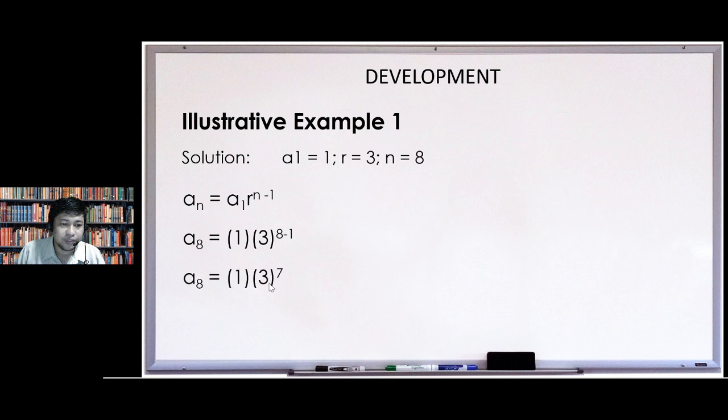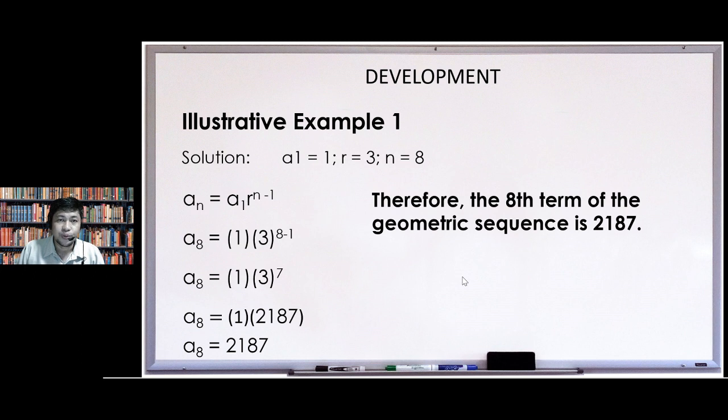So we have a sub 8 is equal to 1 multiplied by 3 raised to 7. We first get 3 raised to 7. It's not 1 times 3. So we start first with the exponent. What is 3 raised to 7? Very good. That is 2,187. Multiplying that, a sub 8 is equal to 2,187. So therefore, the 8th term of the geometric sequence is 2,187.